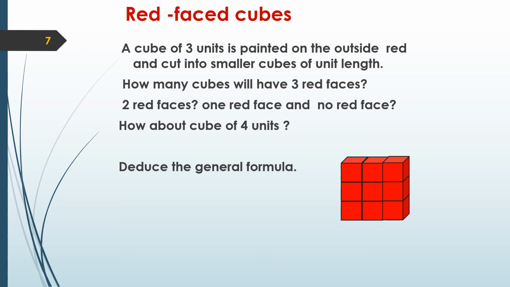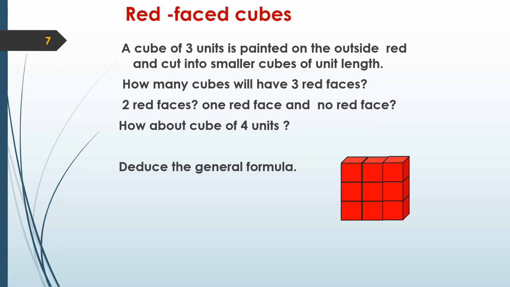Now in this case, only the cubes at the corner will have 3 red faces. So there will be 8 cubes with 3 red faces, and each edge will have 1 cube with 2 red faces, so 12 in total.